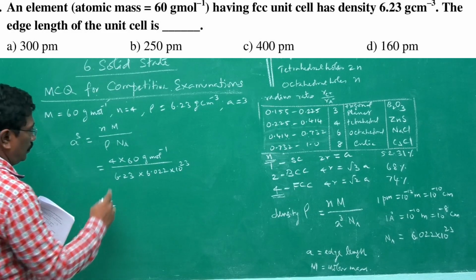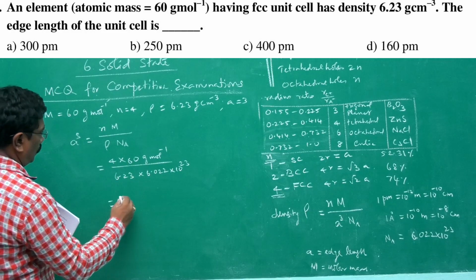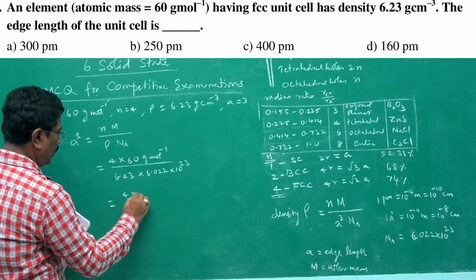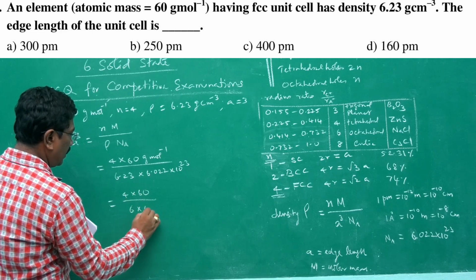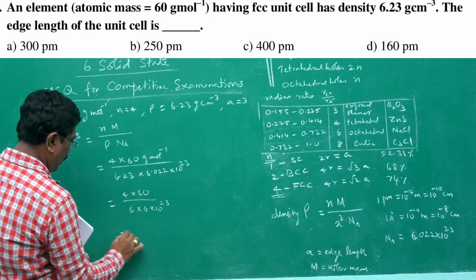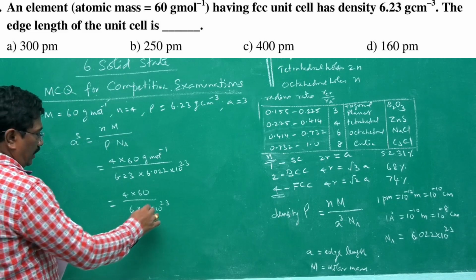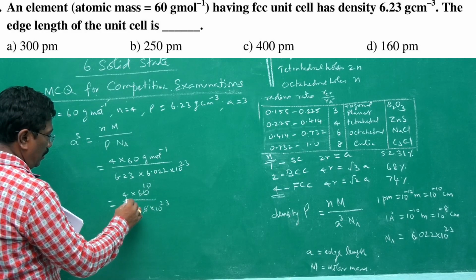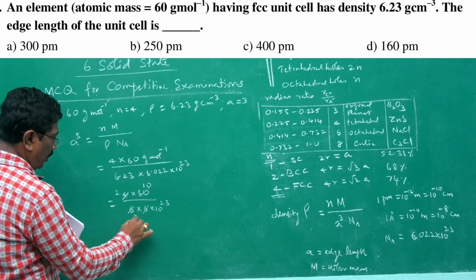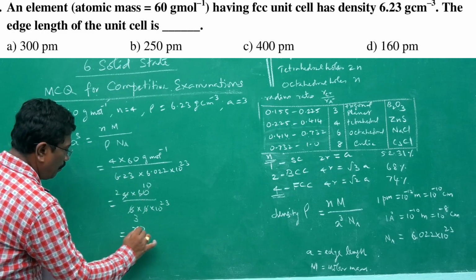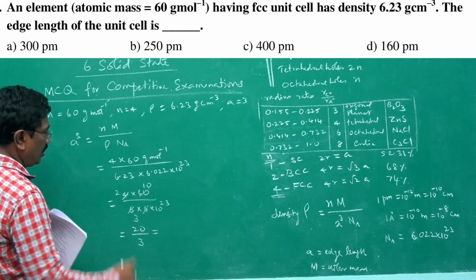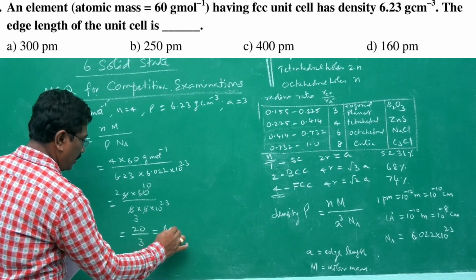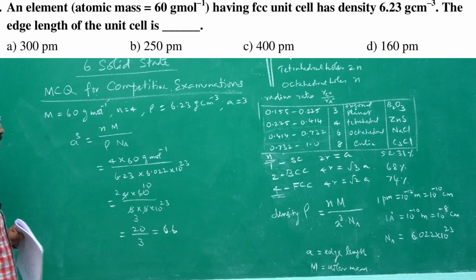Now, 4 into 60 divided by 6 into 6 into 10 power 23. Likewise, it can be written: 6, 10, and then 2 by 3, approximately I have given 20 by 3, which is equal to, since we have a larger number here, approximately 6.6.